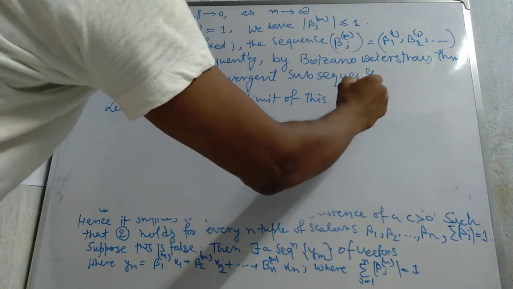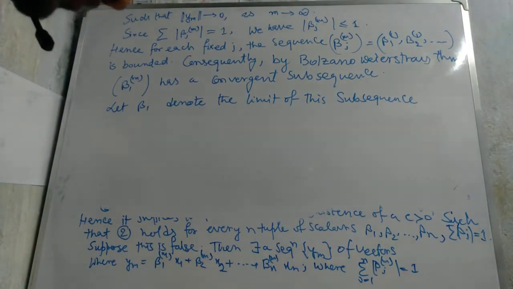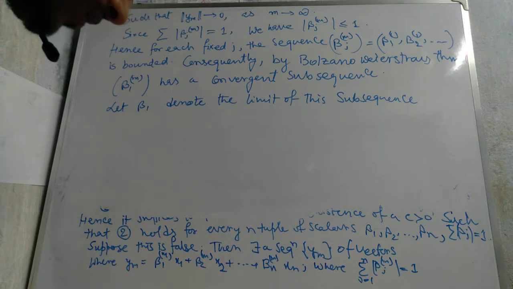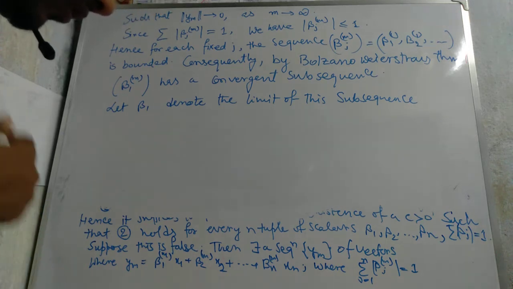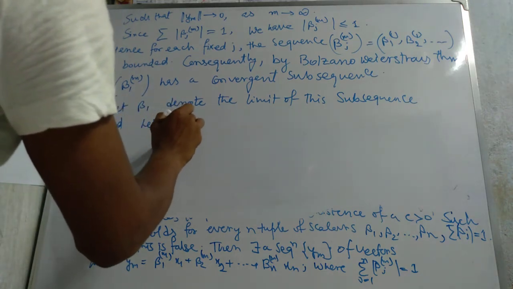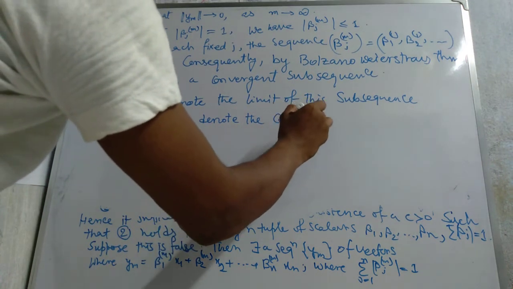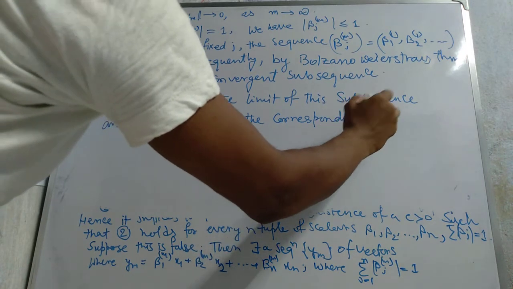Now let beta 1 denote the limit of this subsequence, and let y1m denote the corresponding subsequence of ym.